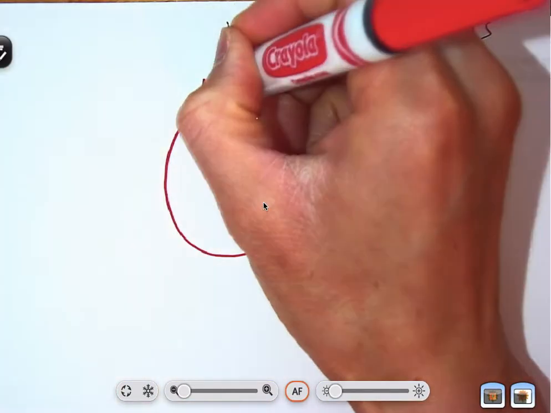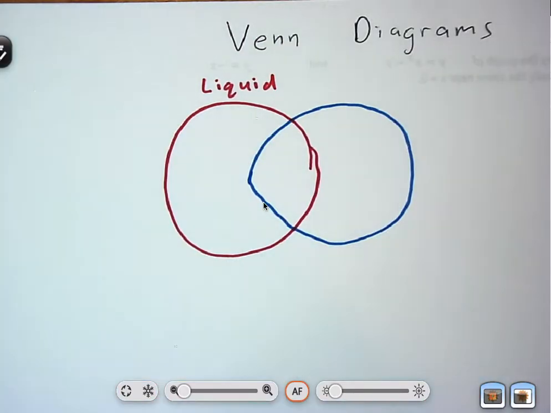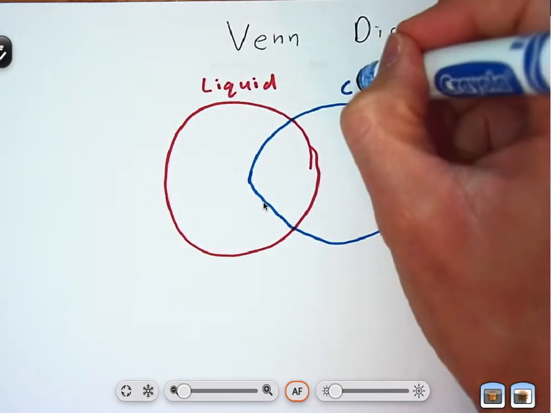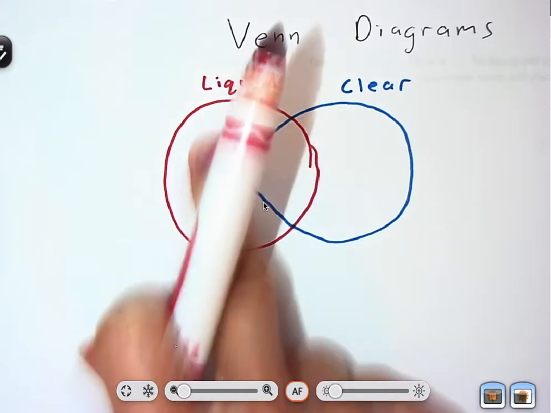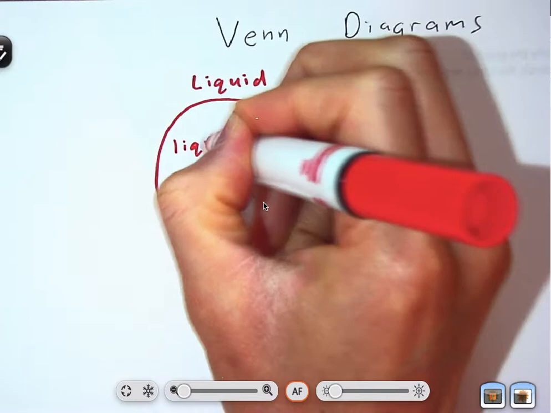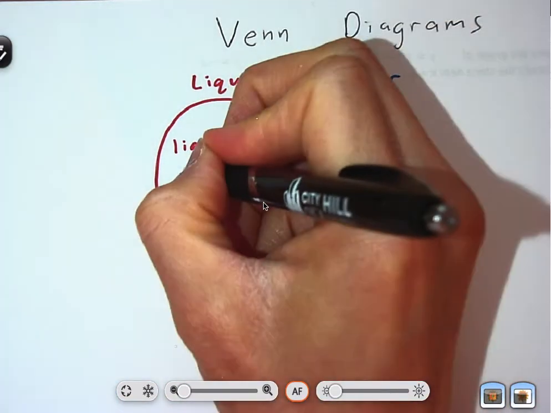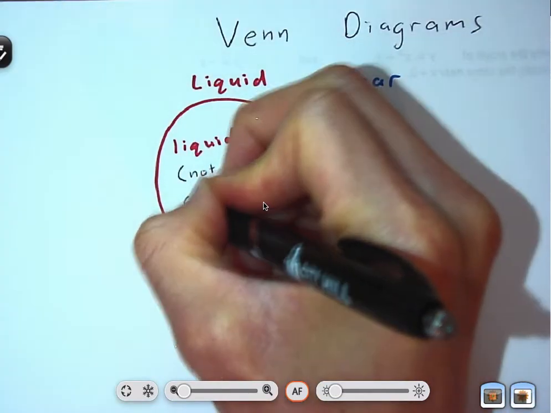Let's say that this here in red, we'll call this the category liquid. And we'll call this blue over here, this is category of things that are clear. Okay. So this area over here is stuff that is liquid, but is not in the blue category, so therefore not clear.